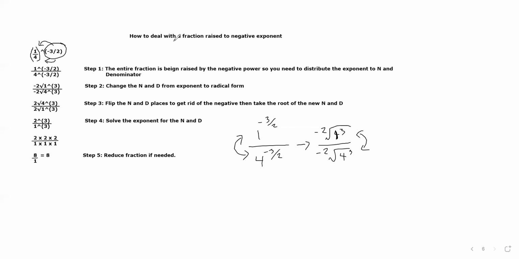They have to switch places at some point. Remember, this is a shortcut that I'm showing you, right? So when they flip, we end up with one on top and we end up with the other on the bottom. Now that we've gotten rid of the negative and the numerator and denominator have flipped places, right?